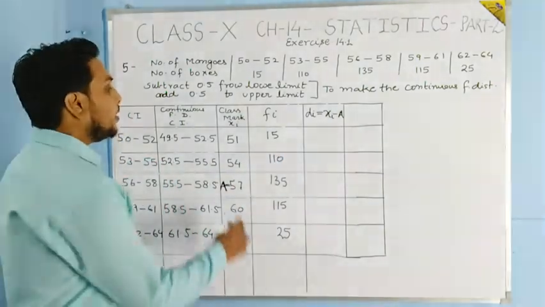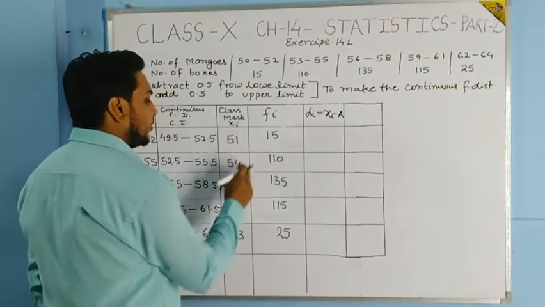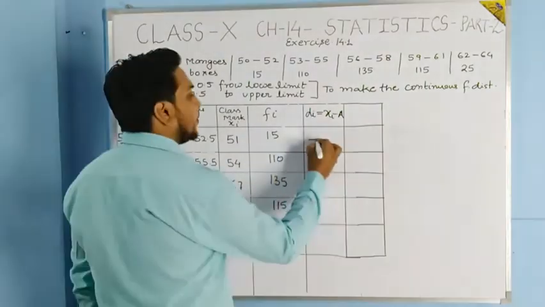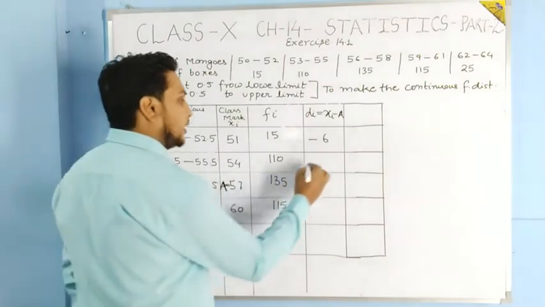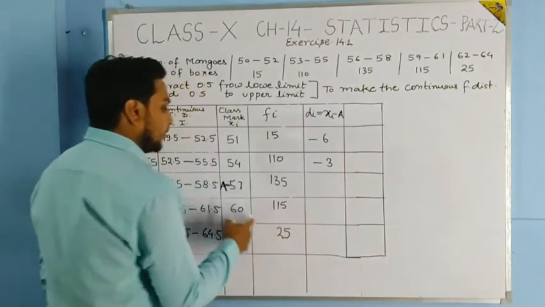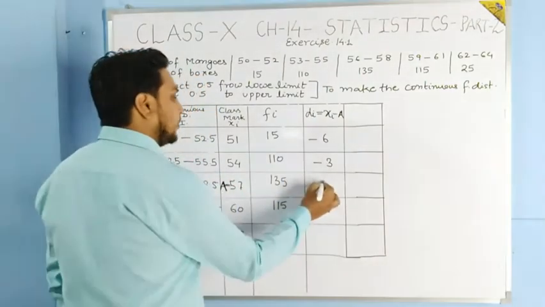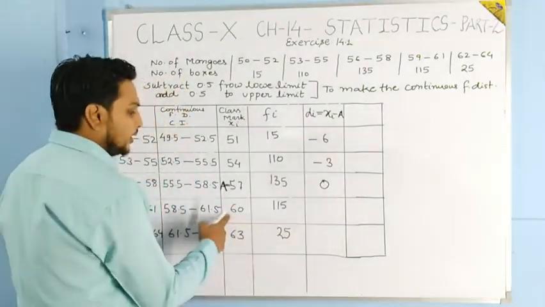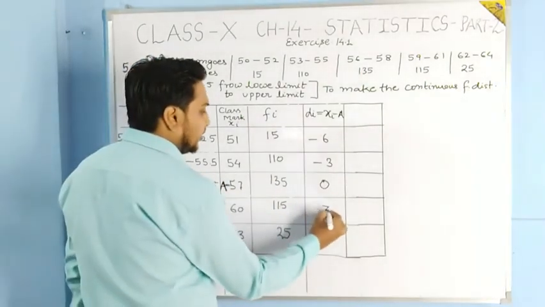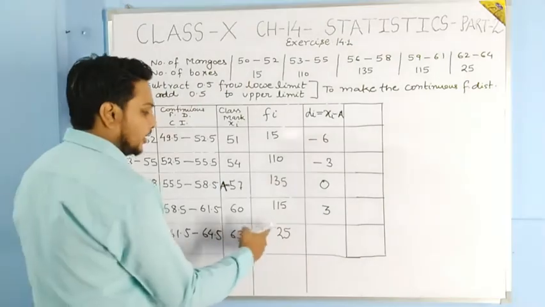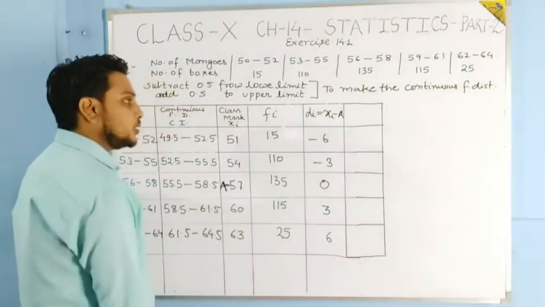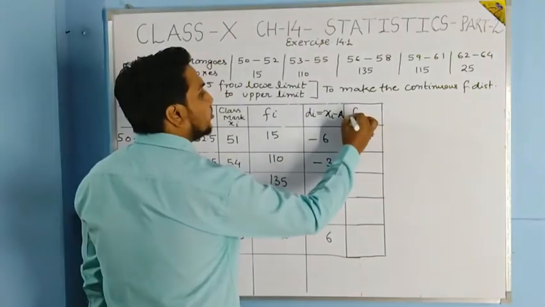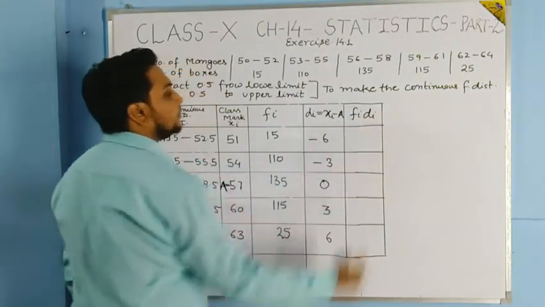So when we subtract, 51 minus 57 will be minus 6, 54 minus 57 will be minus 3, 57 minus 57 will be 0, 60 minus 57 will be 3, and 63 minus 57 will be 6. Then in the last column we will find fi di.